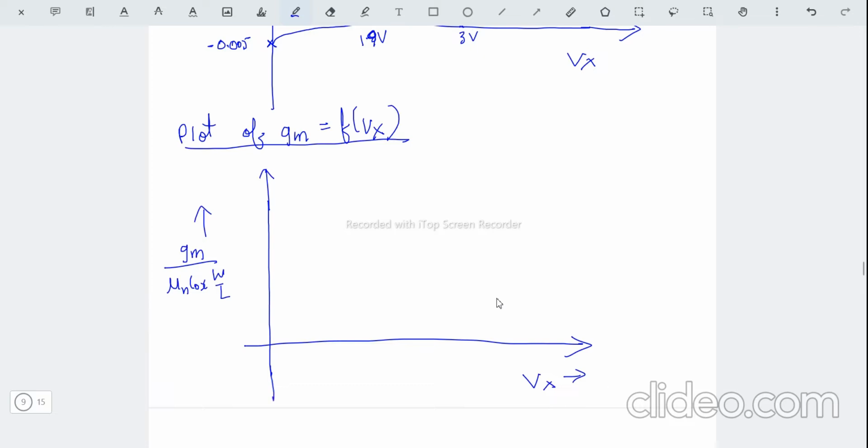So when Vx was around 0 volts, we had obtained normalized value of transconductance as minus 0.1. When Vx was 1.9 volts, we obtained normalized value of transconductance approximately equal to 0. When Vx was 3 volts, we obtained normalized value of transconductance as 1.1.